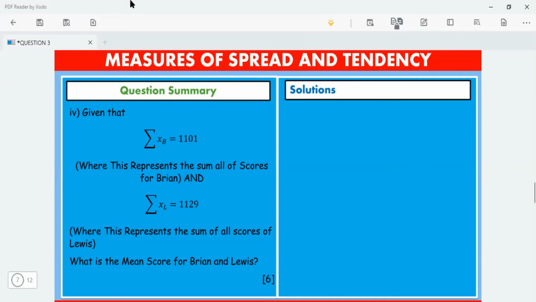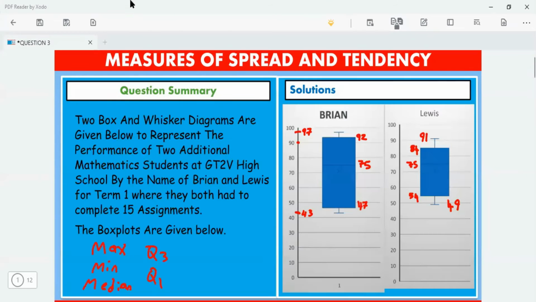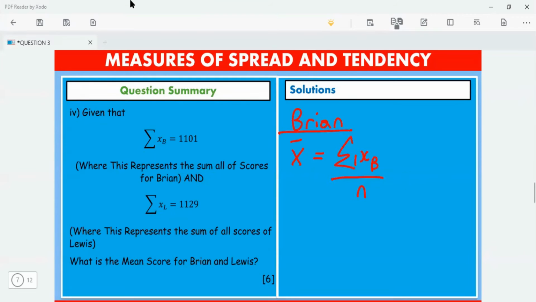What is the mean for Brian and Lewis? So let's start with Brian. Remember that the mean is the sum of all of Brian's scores divided by N. Now, at the start of the question, they told us that they completed 15 assignments. So N is 15.